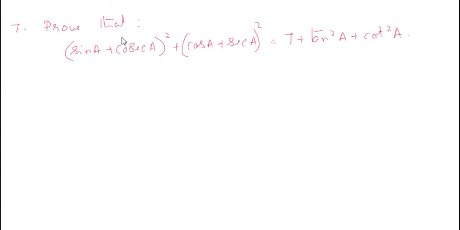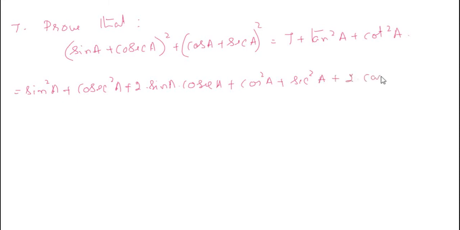Now let us expand these two things. (Sin A plus cosecant A) whole square we can write as sin square A plus cosecant square A plus 2 sin A into cosecant A, plus this one, cos square A plus secant square A plus 2 cos A into secant A. Let us write sin square A and cos square A together.